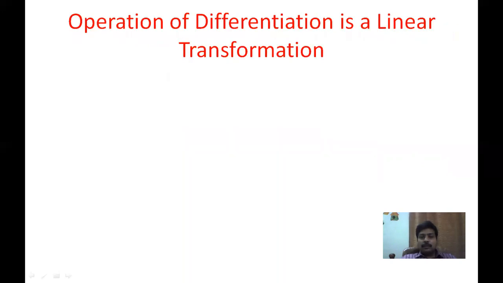In today's class, let us show that the well-known operation, differentiation, is a linear transformation.